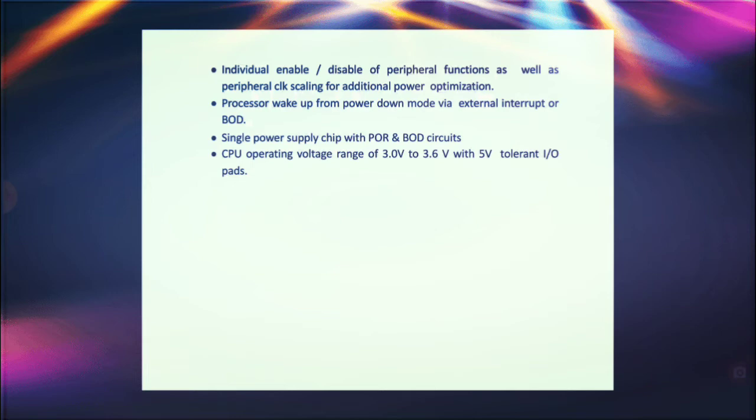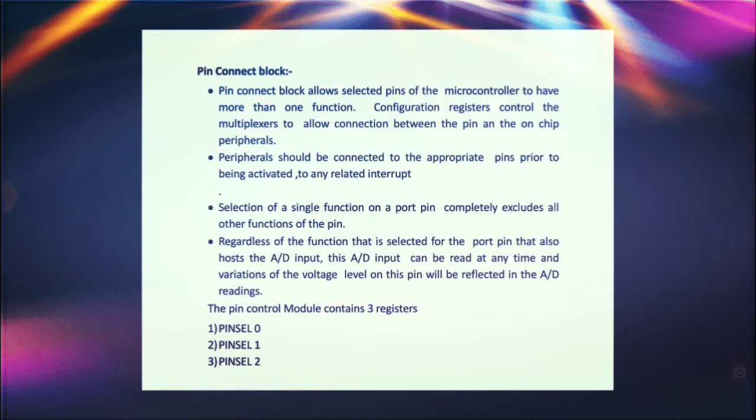Processor wake up from power down mode via external interrupt or BOD. Single power supply chip with POR and BOD circuits. CPU operating voltage range 3.0 volt to 3.6 volt with 5 volt tolerant I/O pads.